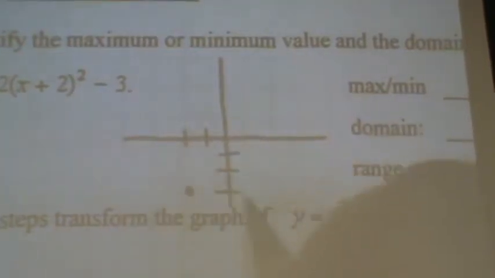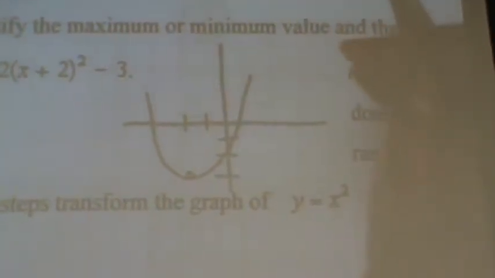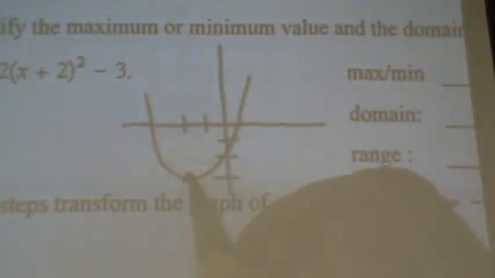Now, is this parabola gonna be a U or an upside down? A U. So this is all they want to know. Is this a max or a min? It's a min. When this A value is positive, it's a min. If it's negative, it's going to be upside down and then it would be a max.